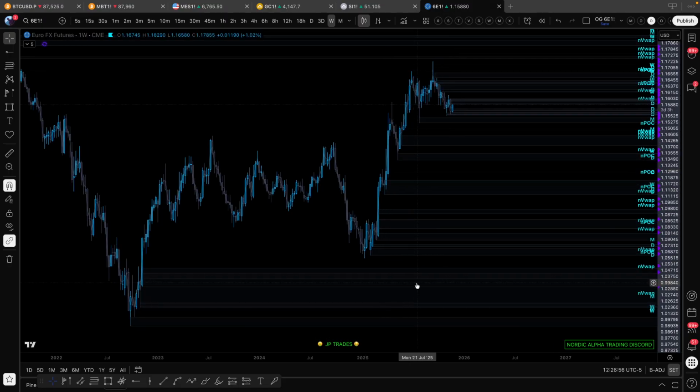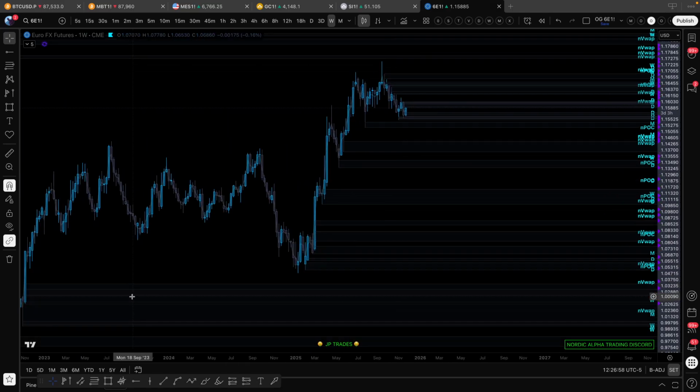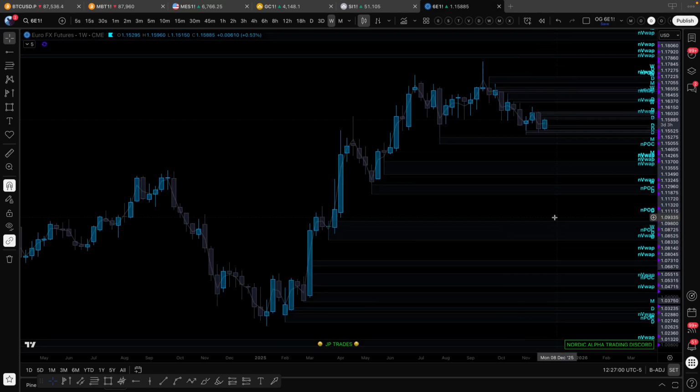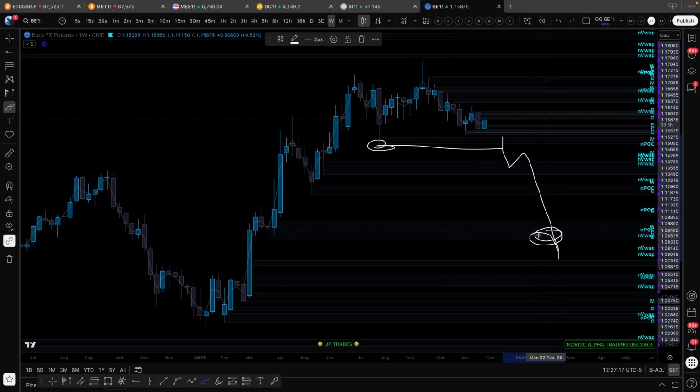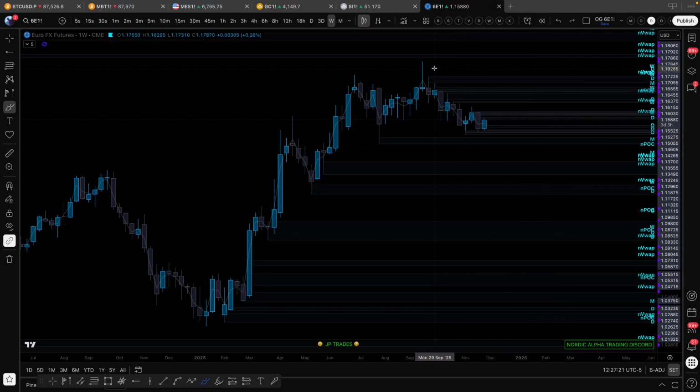Let's go to the weekly. Now let's start our weekly pull from this low. This low right here is going to be your weekly low. If we drop below this, I would think that we're going to go down to some of these levels down here and a deeper discount.